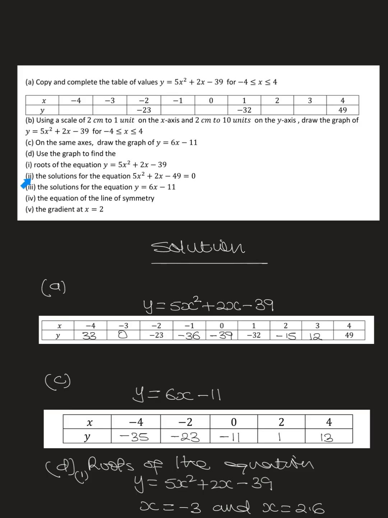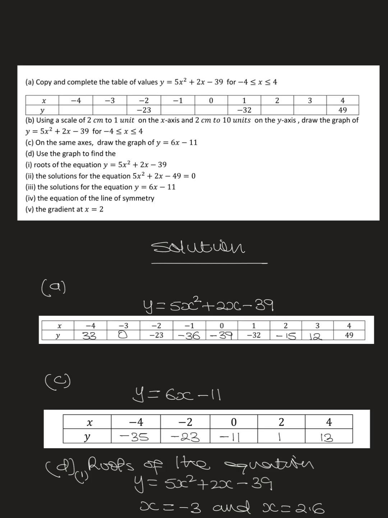Question D2, we want to use the graph to find the solutions for the equation 5x squared plus 2x minus 49 is equal to 0. So this is a quadratic equation that is somehow different from the main equation. So we need to compare both, and that is what will tell us what we need to find.